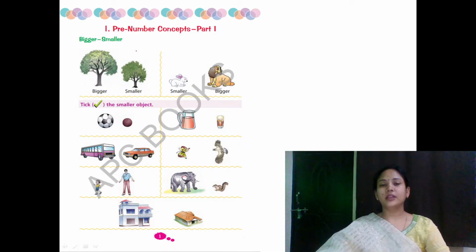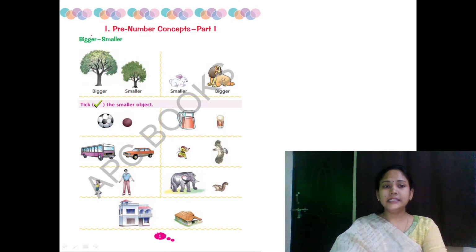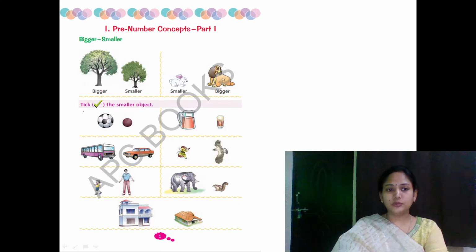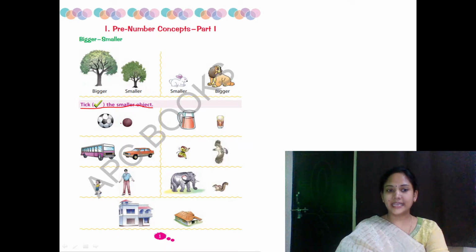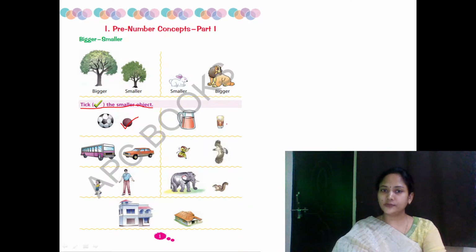ठीक है. Now see here, the question is that you have to tick the smaller object. अभी ये दो बॉल हैं, one is a football and one is a cricket ball. So which is smaller? Yes, so I am going to tick it. Then we have a jug and a glass full of juice.